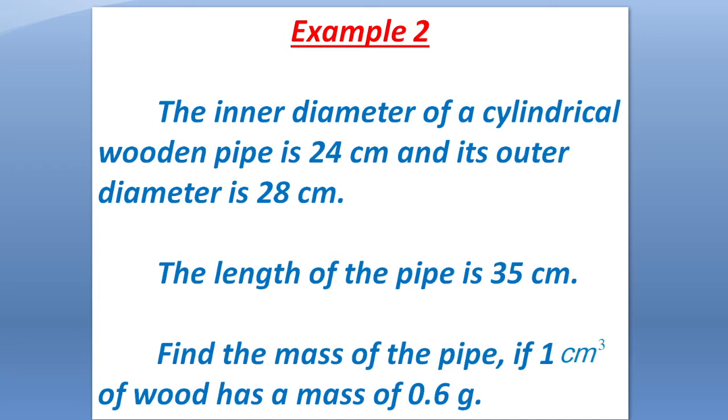Find the mass of the pipe if 1 centimeter cube of wood has a mass of 0.6 gram. Solution.